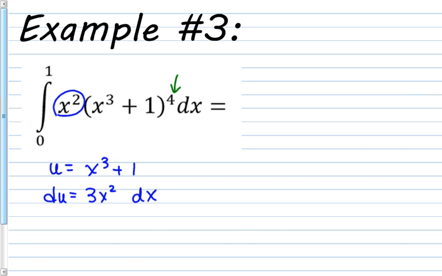Now, this is an example of when your derivative doesn't look exactly like the rest of the function in the integral. So what I'm saying is this is this exactly. But the 3x squared, that is not in this problem exactly.